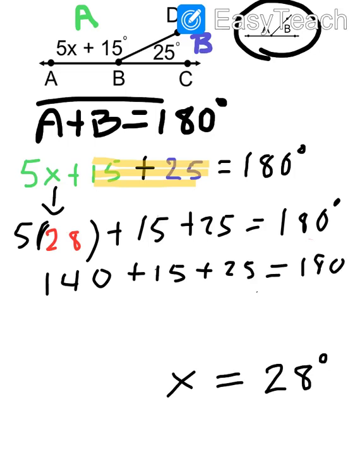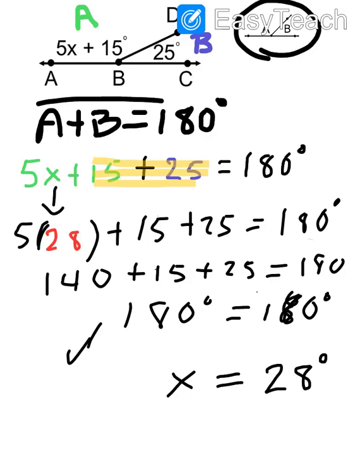If you type this into the calculator, 140 plus 15 plus 25, this side is going to be 180 degrees. And that definitely equals 180. So it checks out. X equals 28 in order for these two angles to add up to 180.